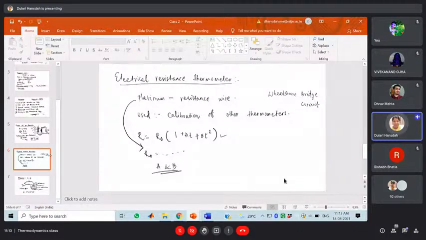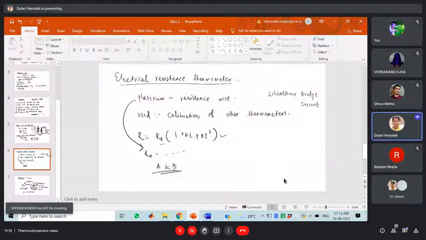In this case, we are using the formula R is equal to R0 multiplied by (1 plus AT plus BT square). A and B are constants, so the change of resistance follows a quadratic equation. Here R0 is the resistance of the platinum wire.